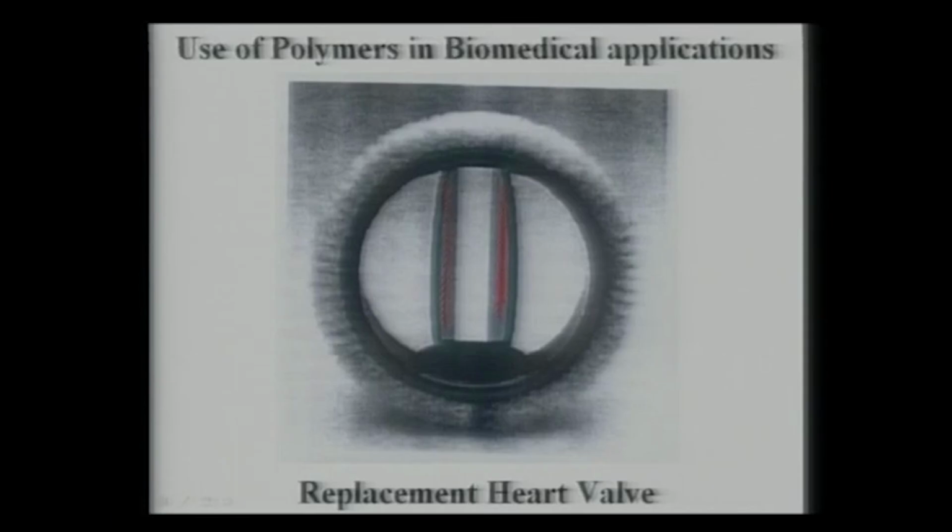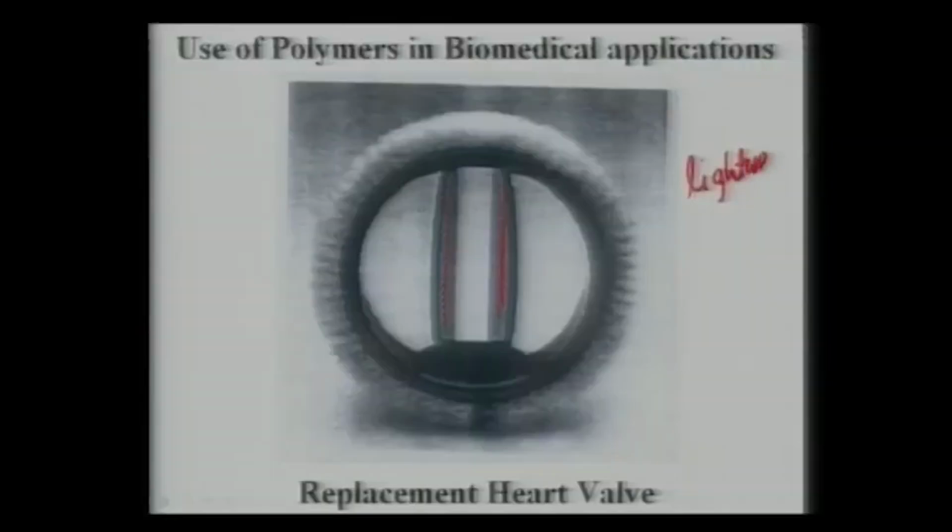So the valves should be very lightweight, and because of this lightweight requirement, many polymer based materials like PTFE, where density is less than or equal to 1 gram per cc, should be used. That is the reason diamond like carbon coated materials or polytetrafluoroethylene should be used. And this should not cause any thrombus formation.